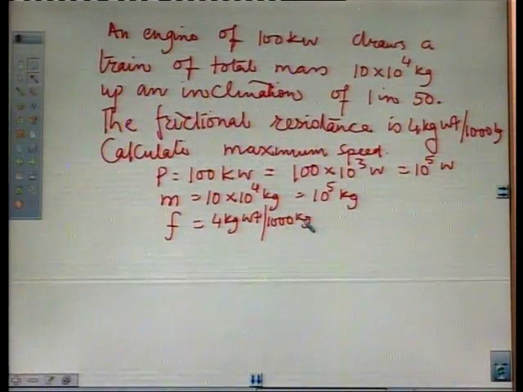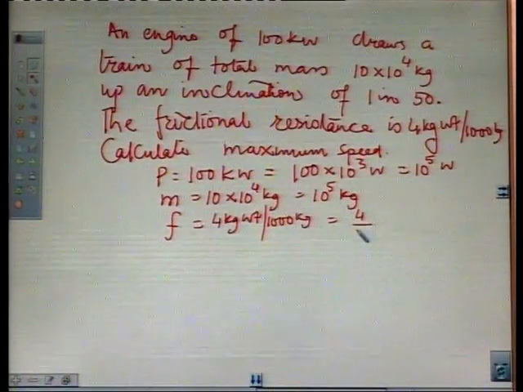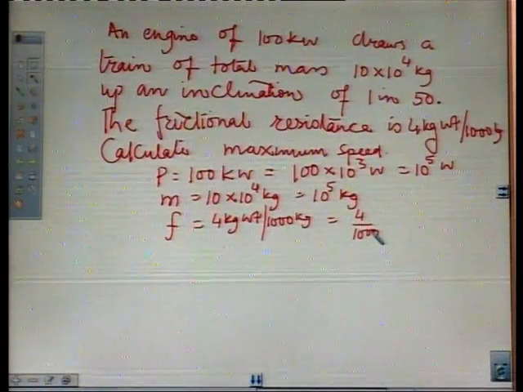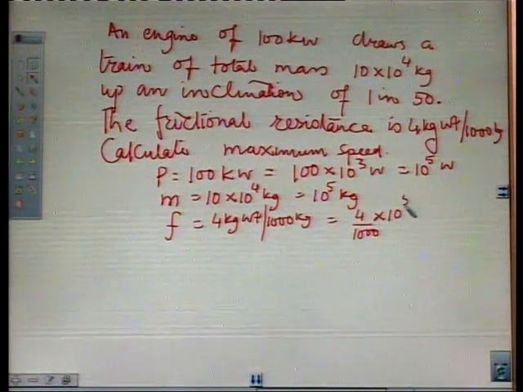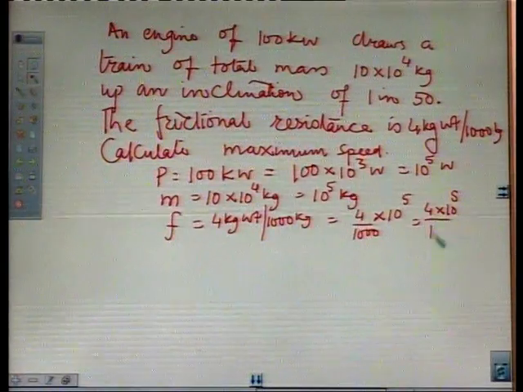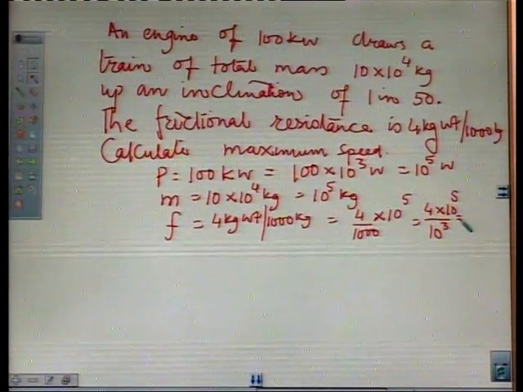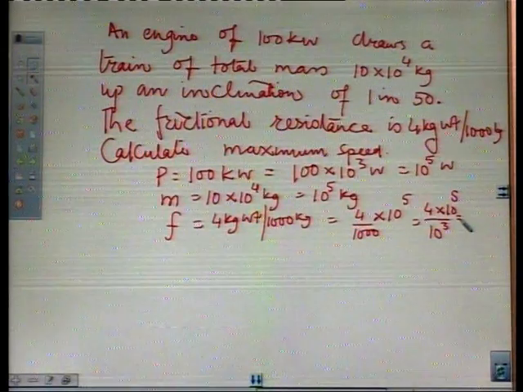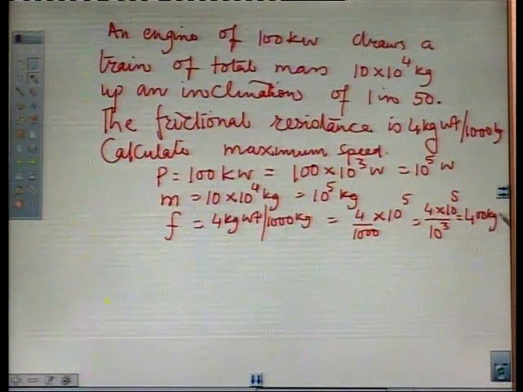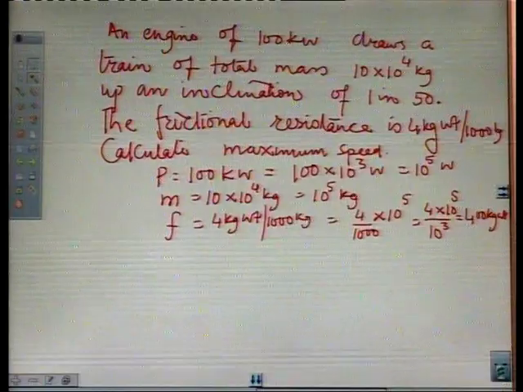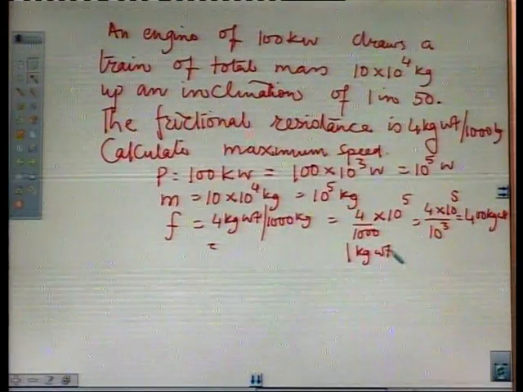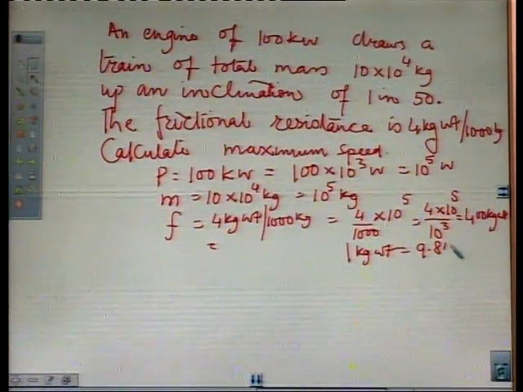So, frictional resistance is 4 kg weight for every 1000 kg. If the mass is 10 to the power 5 kg, then you get 400 kg weight. 1 kg weight is 9.8 Newton.